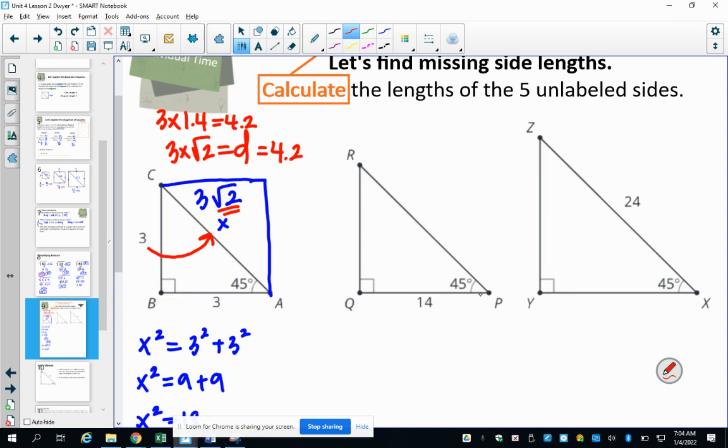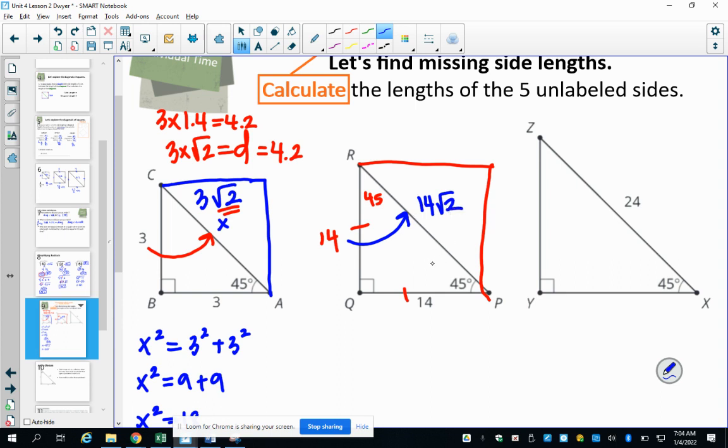So if we think about this one as being a square also, if we could extend this, we know that this side will also be 14, since we see this 45-degree angle. That would mean this is 45, so the legs are the same. So now you could do the Pythagorean theorem again, or you could use your scale factor rule: you multiply the leg times the square root of 2.